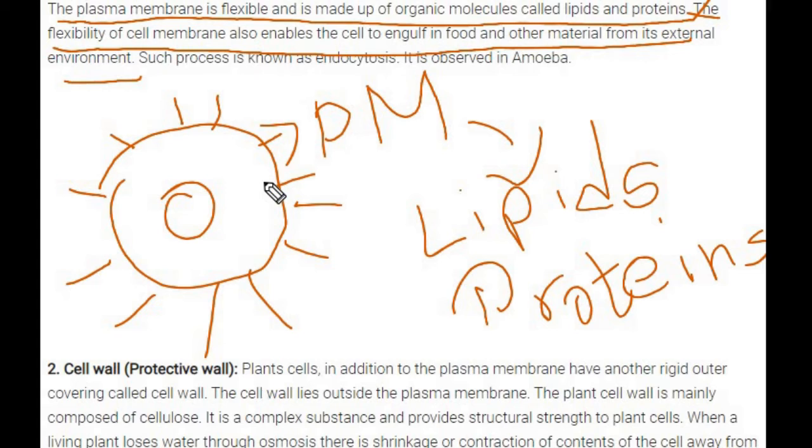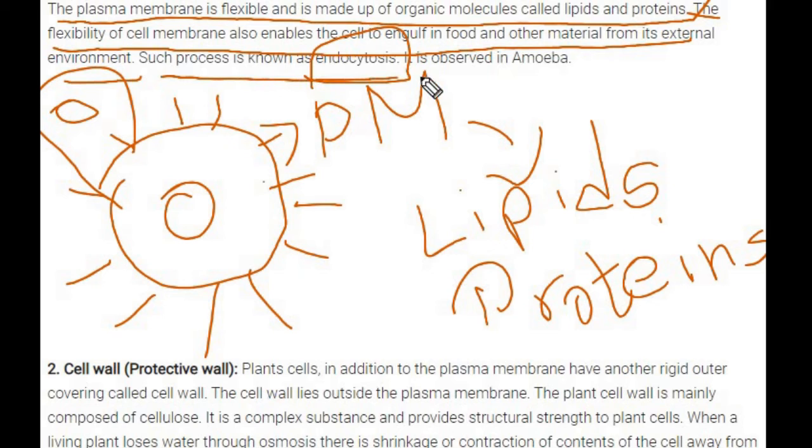It contains pseudopodia for movement. If there is food for it, then it does this process called endocytosis, as you can see here. It captures or engulfs the food. Such a process is known as endocytosis and it is observed in amoeba.